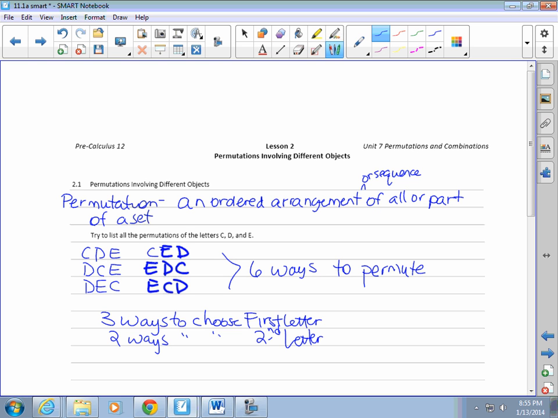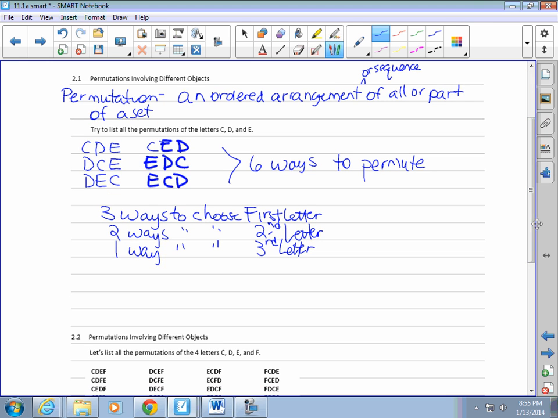And if I've chosen my second letter, then I've only got 1 way to choose the third letter. Using the fundamental counting principle, I have 3 times 2 times 1 ways of choosing, which is 6.